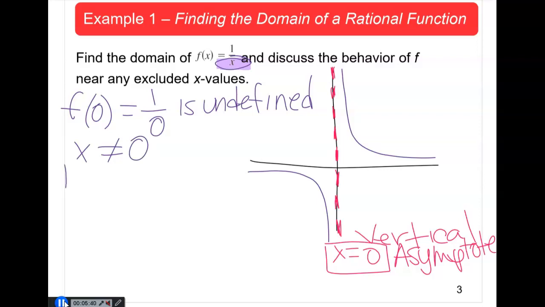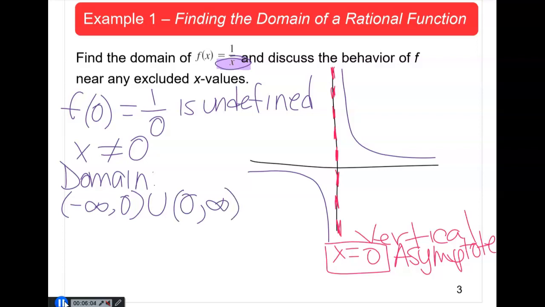And so because of that, the domain will be all real numbers except 0. In interval notation, that goes from negative infinity to 0. We exclude 0 with the parentheses. We use the symbol for union, and then from 0 to positive infinity.